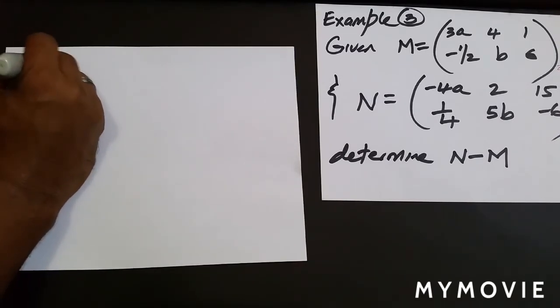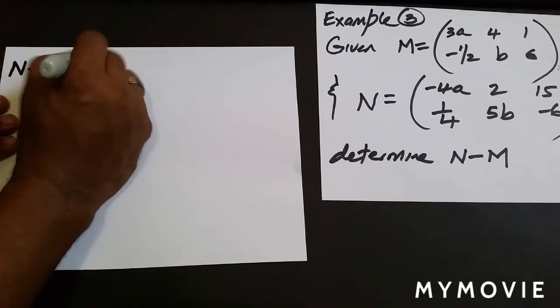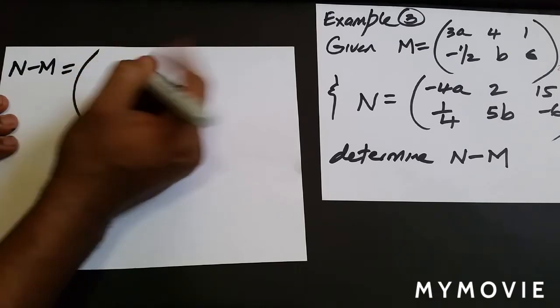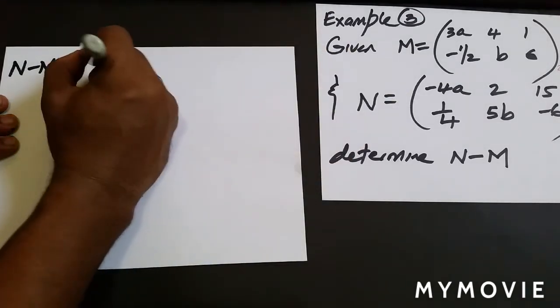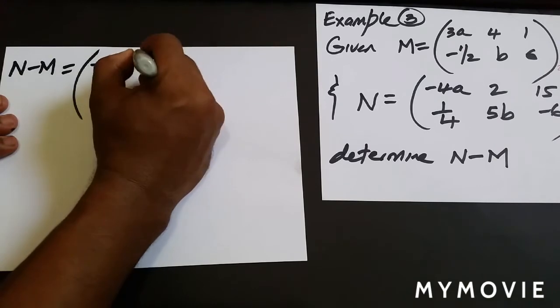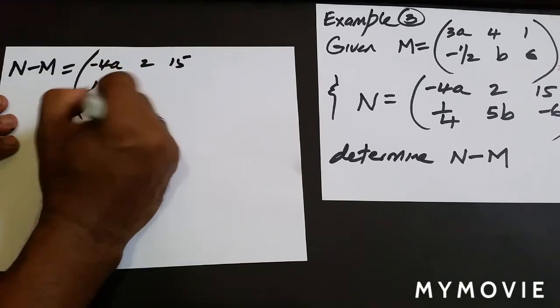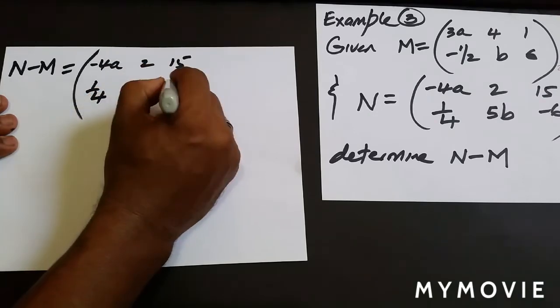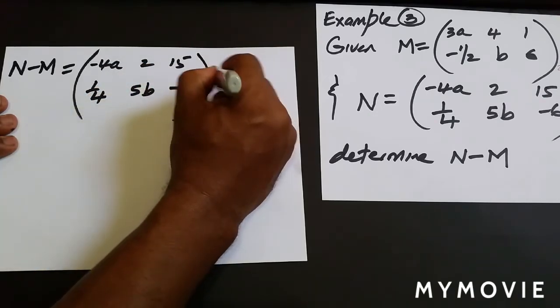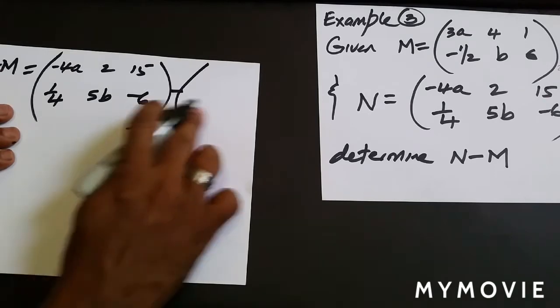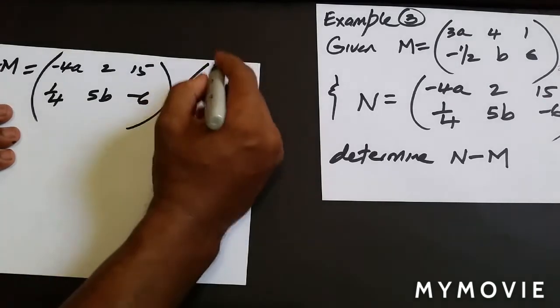So N comes first, minus M, would be equal to, and N is minus 4A, 2, 15, a quarter, 5B, minus 6, and we're going to subtract from that matrix M. Sorry about this, gentlemen, I really don't have a lot of space.